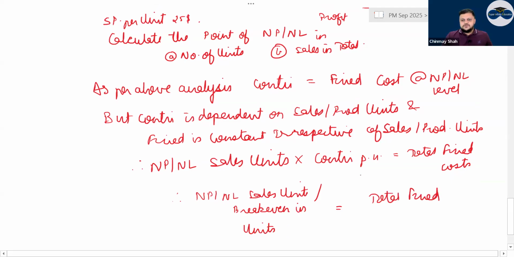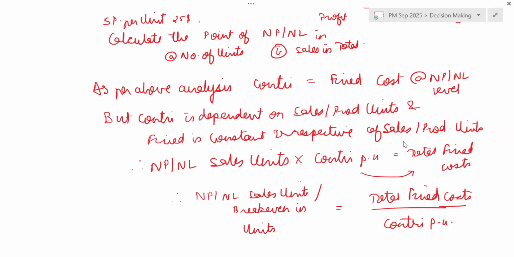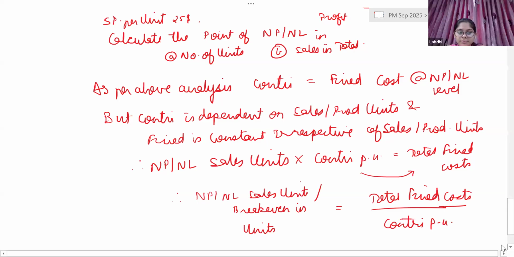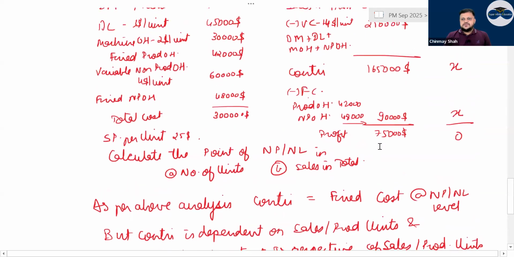This contribution goes this side. Therefore, break-even units is equal to what? How much is the total fixed cost?